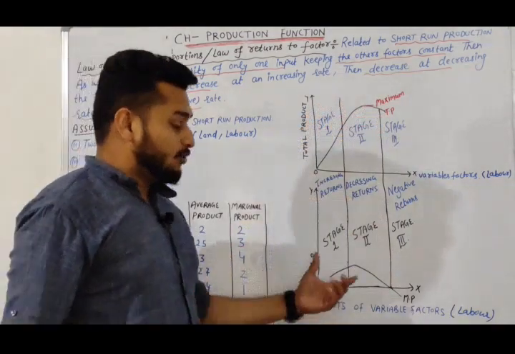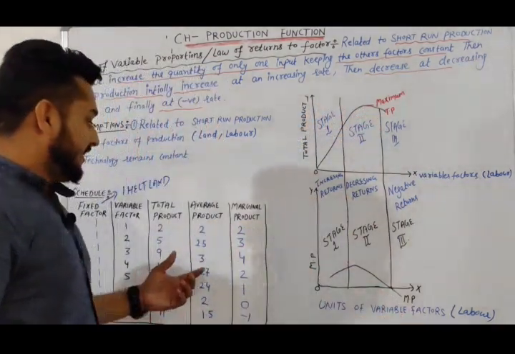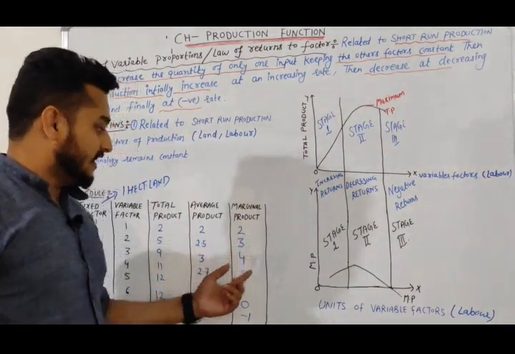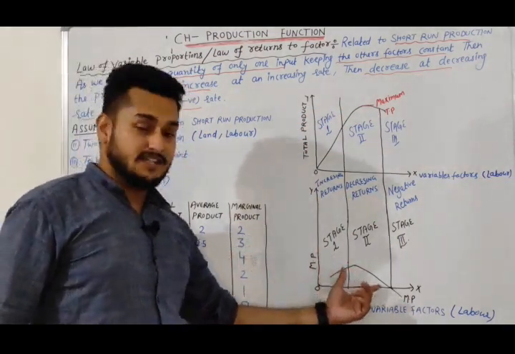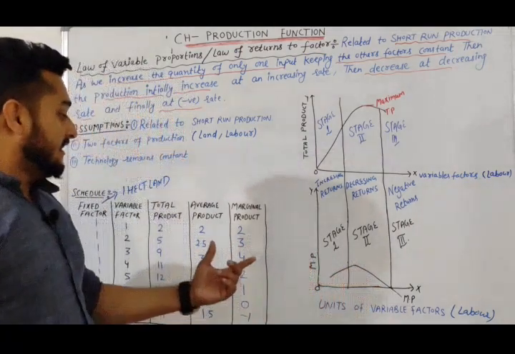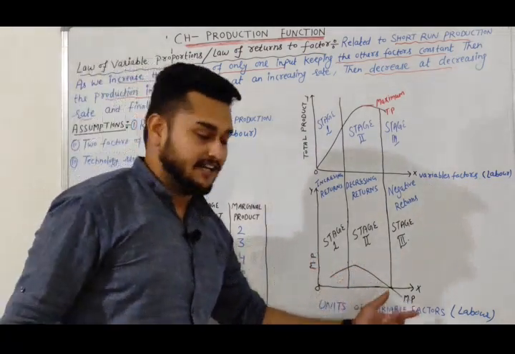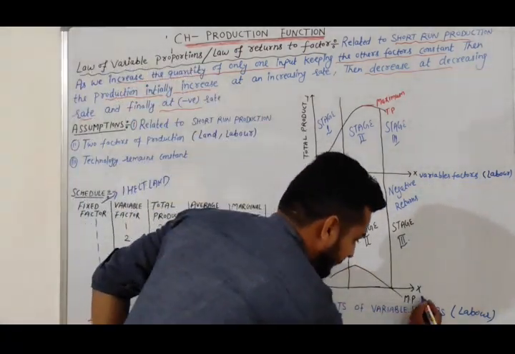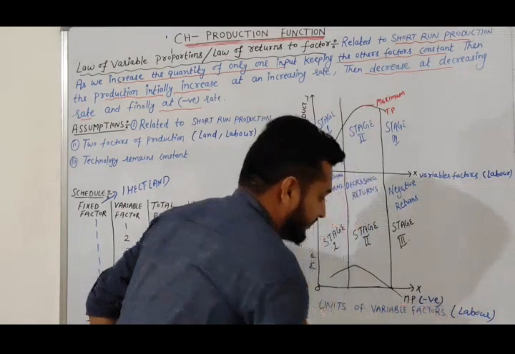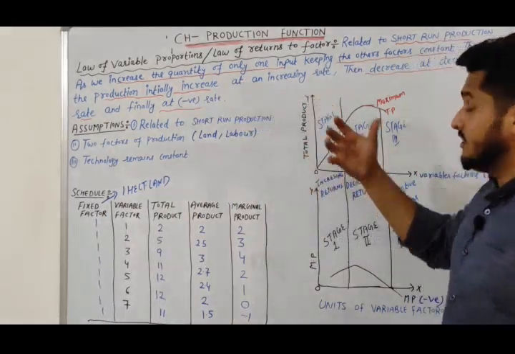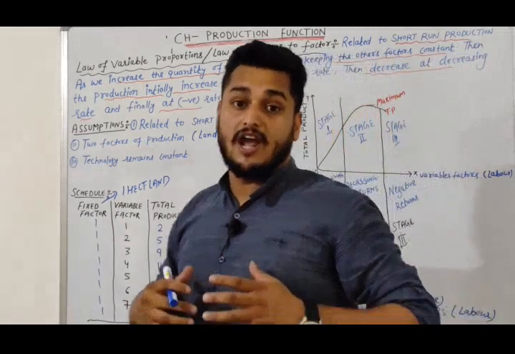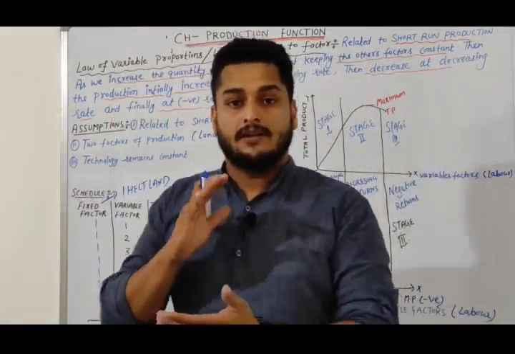When we talk about marginal product, in the starting it increases at an increasing rate, and after that it starts to decrease at a decreasing rate, and at last it is negative. At this point our marginal product is zero. So the law of variable proportion says it's related to short-run production. We have a very short period of time.